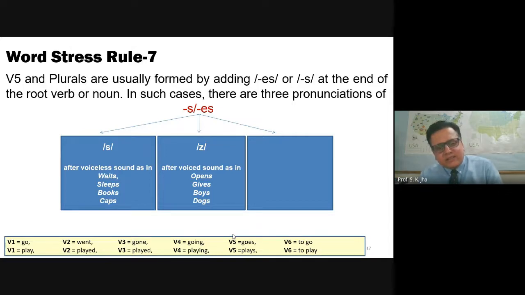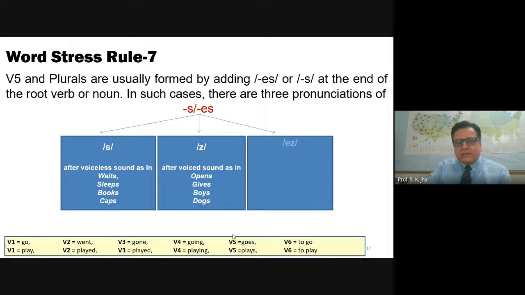And in the fourth one, the last sound is G. And all these sounds are voiced sounds. That's why here we will not say opens, gives, boys, dogs with S. What we will say is opens, gives, boys, dogs with Z.